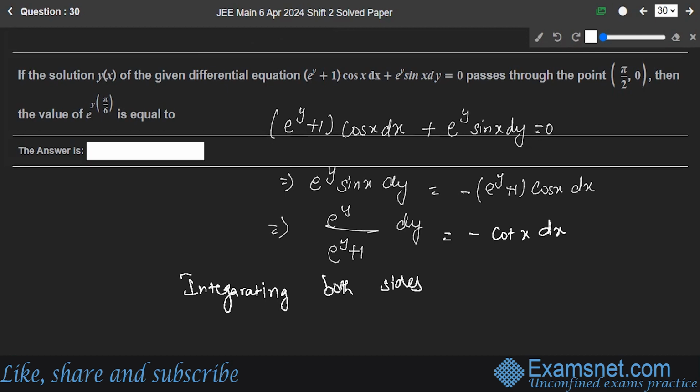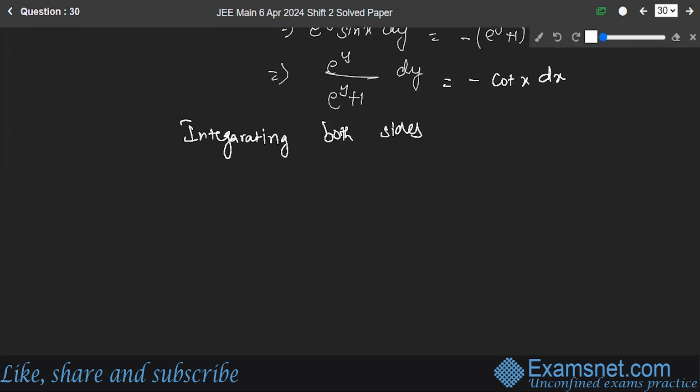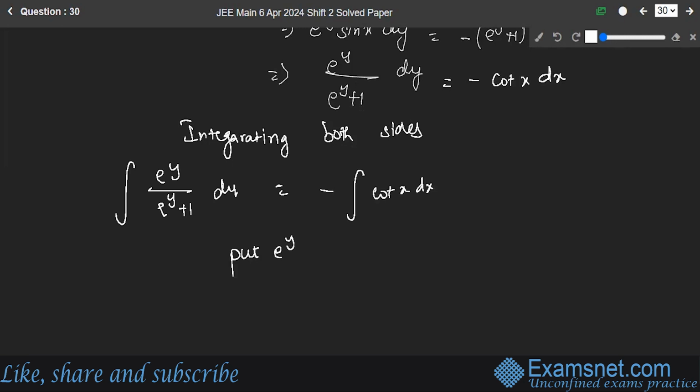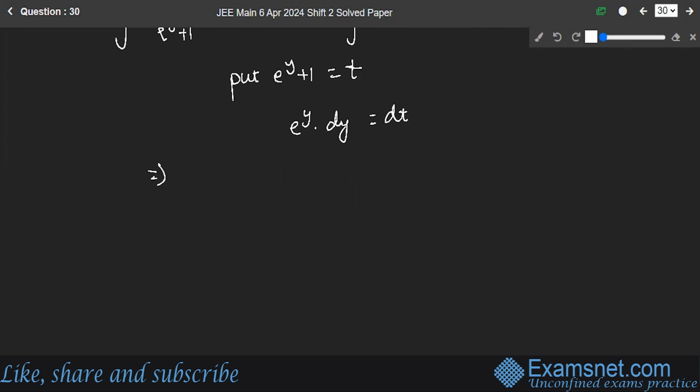So what you will get, this will be integral of this and this. Put e power y plus 1 equal to t. Differentiating both sides, you have e power y dy is equal to dt, or that's integral of dt upon t is equal to minus integral of cot x dx, right?